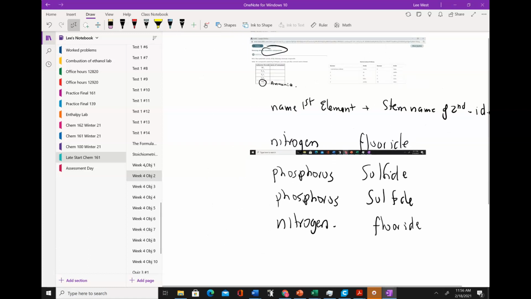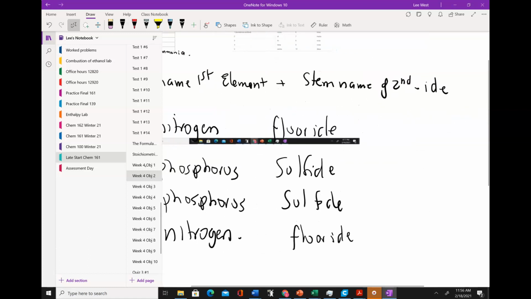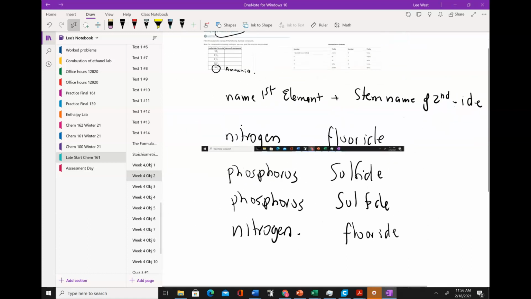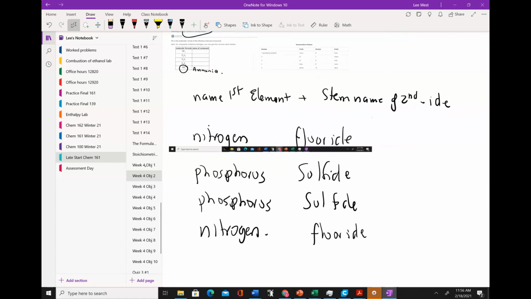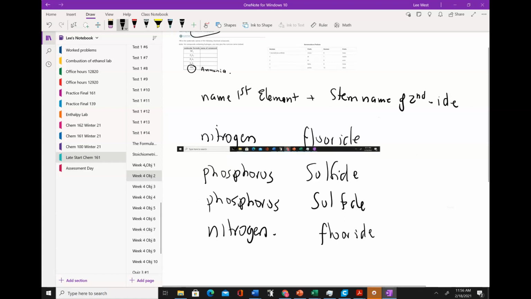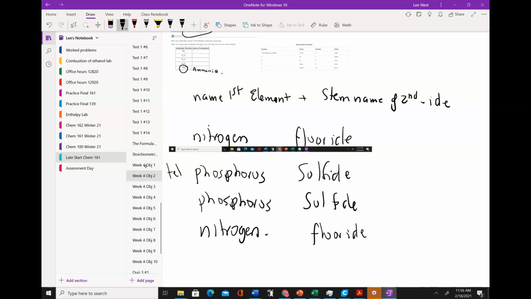And now we add prefixes, but we're going to keep in mind we don't need a mono if there's one of the first atom. And so there's one of the first atom for the first one there, NF3, so no mono required. For the second one there, it's going to be tetra. For the third one there, it is also tetra. And for the fourth one there, it is di. And then now we're going to add prefixes for our second atoms.